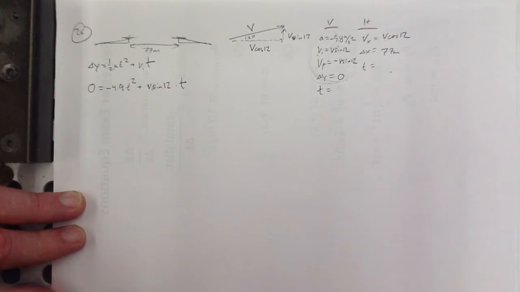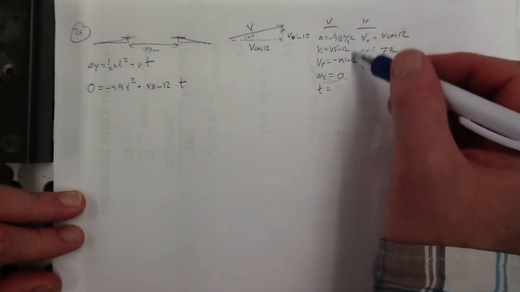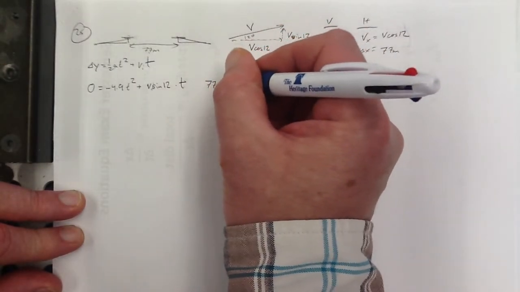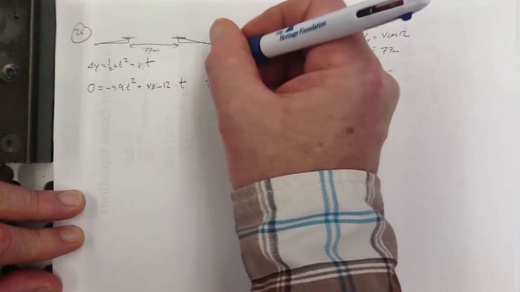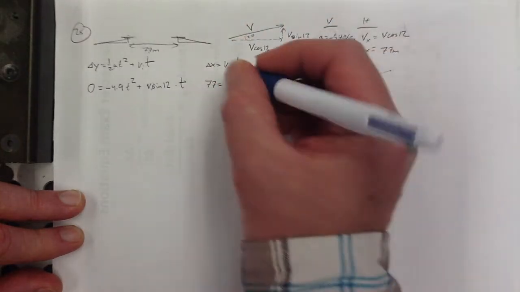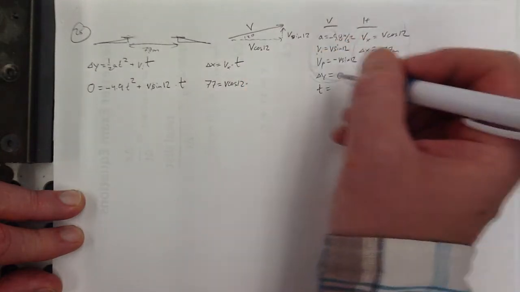And remember, sine of 12 is just a number, right? And then, what's the equation that relates these things? It's delta x. Sorry, I should write it down first. Is equal to Vx times t.